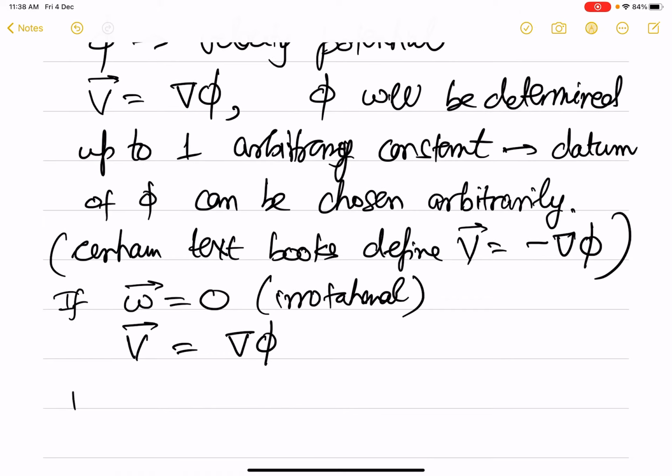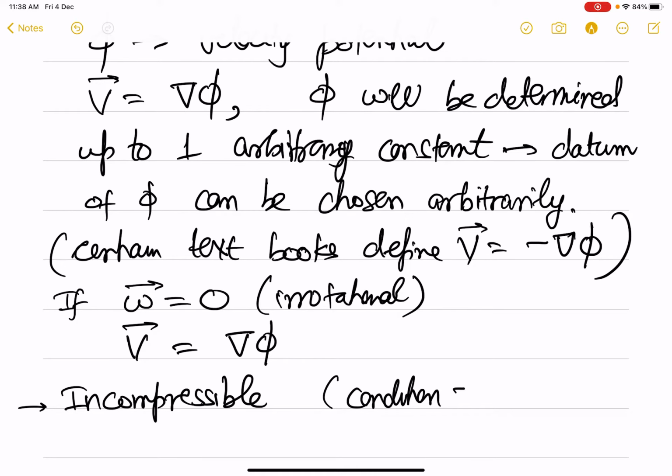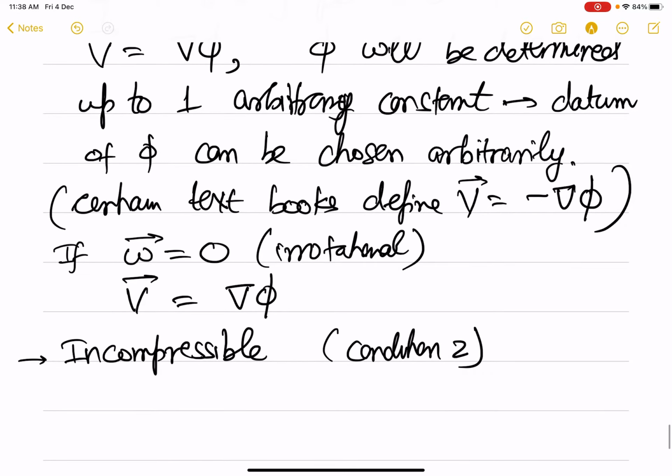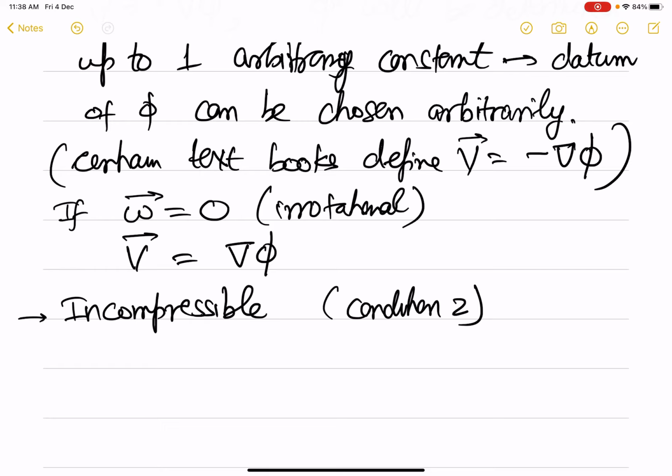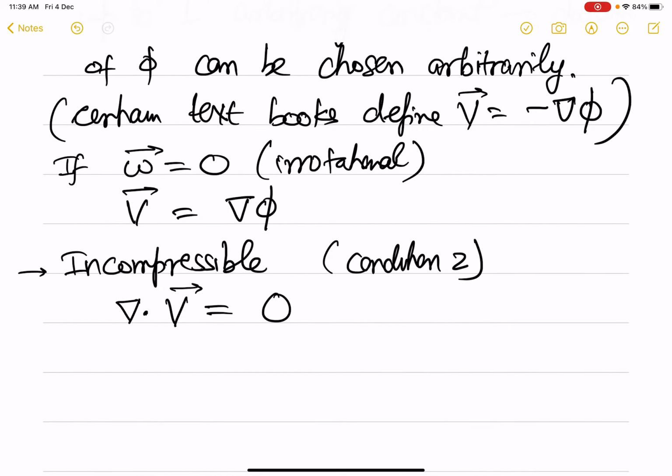Now let us say we put the second condition: the flow is also incompressible. So this is condition 2. If the flow is incompressible, then whether it is 2D or 3D, we know del dot V is equal to 0. So if we put this along with condition 1, then we get del dot gradient of phi is equal to 0.